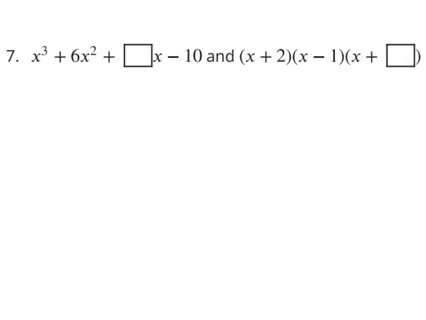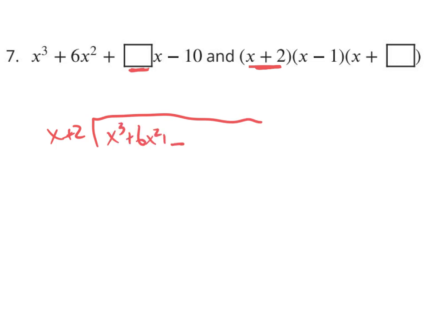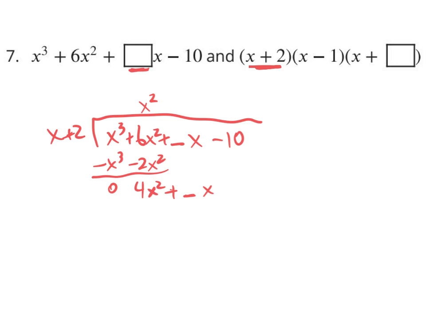Okay, now this one is a little tricky because we have a missing term, but we are given a factor. So we're going to take x plus 2 and divide it into our polynomial. We can do this even though we have a missing term, because x squared times x is x cubed. x squared times 2 is 2x squared. Change both signs. The first term cancels out. I'm left with 4x squared plus some unknown x term. Now, this is not a leading term, but I can figure it out.